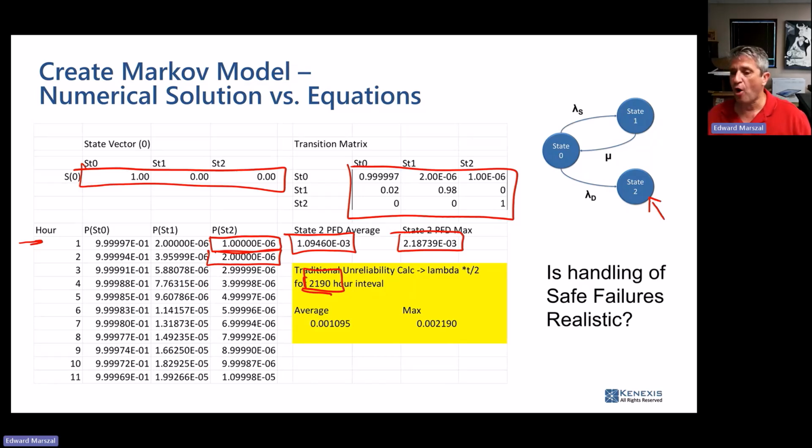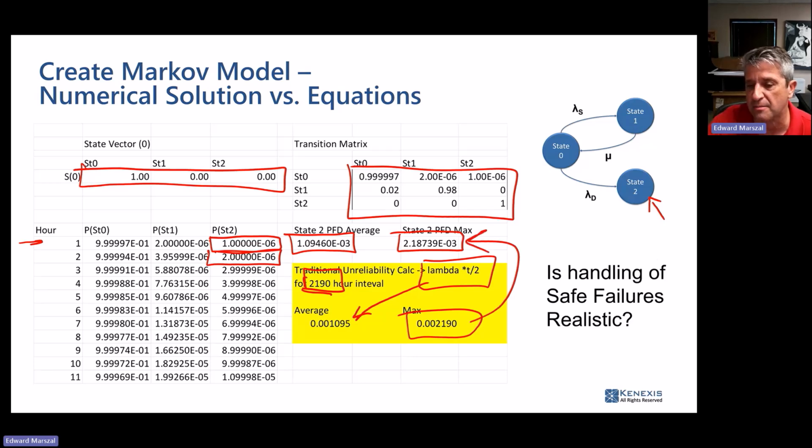Well, if all we would have done is used that simple average unreliability calculation, lambda t over 2, guess what? One multiplication got us to effectively the same number. If I just multiply lambda t, I would have got to the max. Lambda t over 2 gets me here.